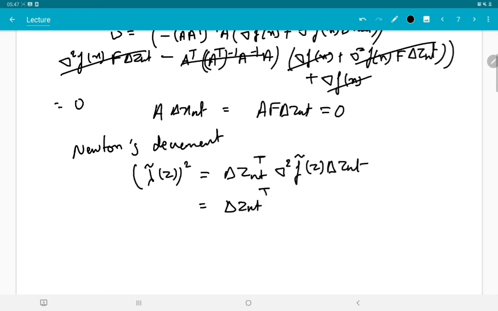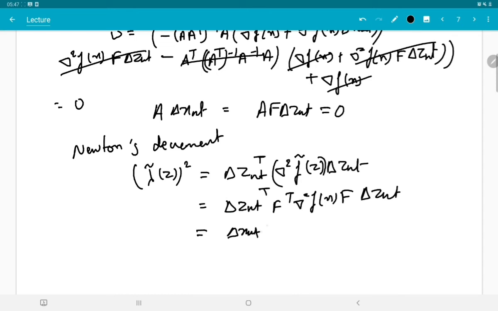This is the Hessian with respect to the new variable, and this is just delta z_nt transpose F transpose del square f(x) F delta z_nt. So this is F times delta z_nt, which is delta x_nt.